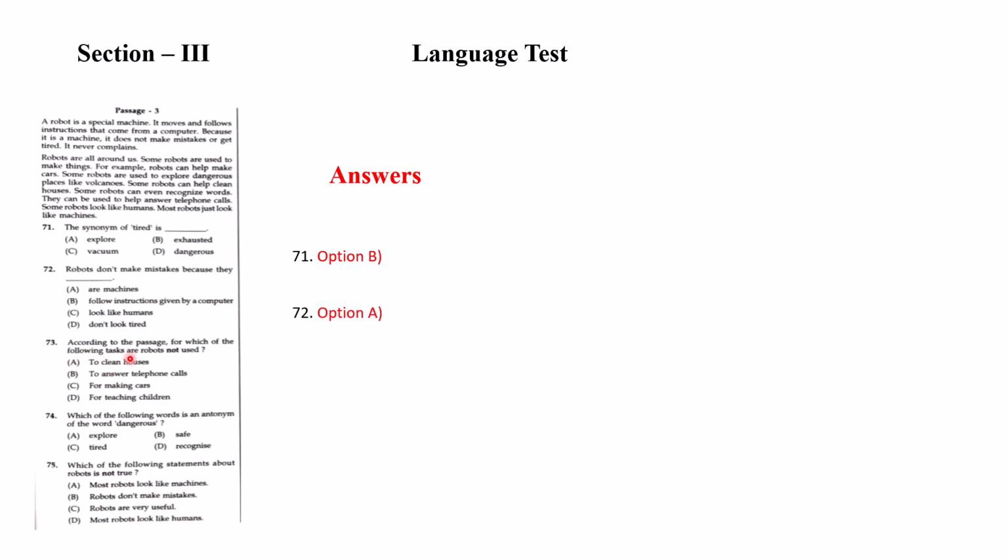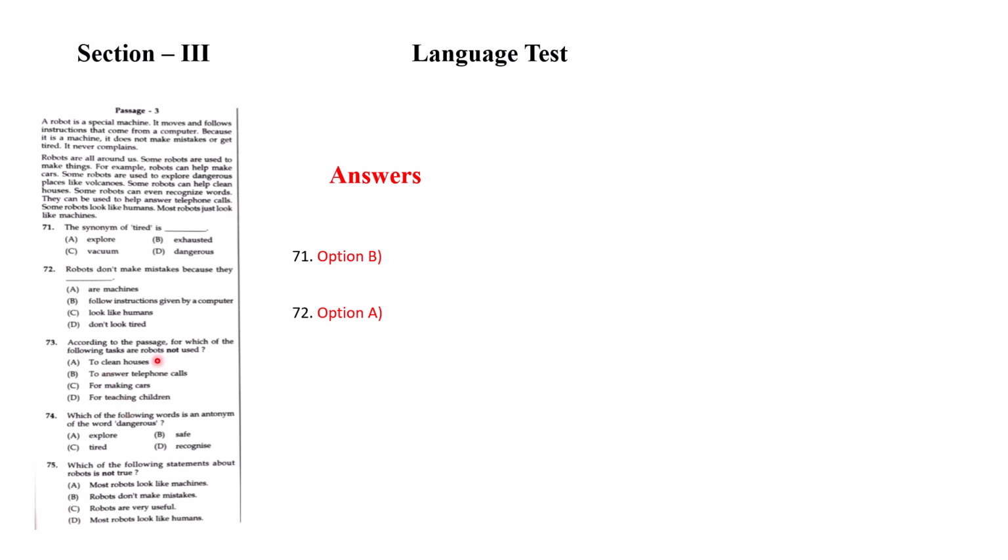Next, according to the passage, for which of the following tasks are robots not used? Here we can see robots are all around us. Some robots are used to make things. For example, robots can help make cars. Some robots are used to explore dangerous places like volcanoes. Then some robots can help clean houses. Some robots can even recognize words.